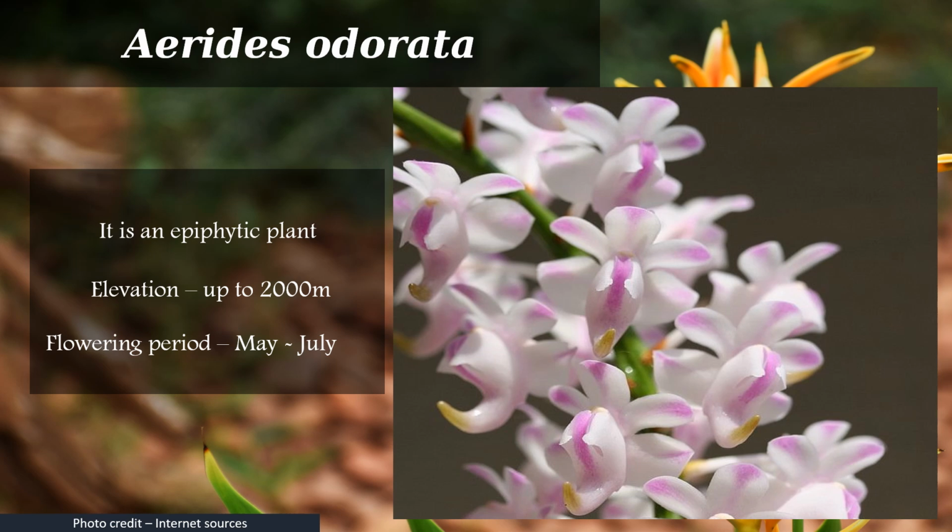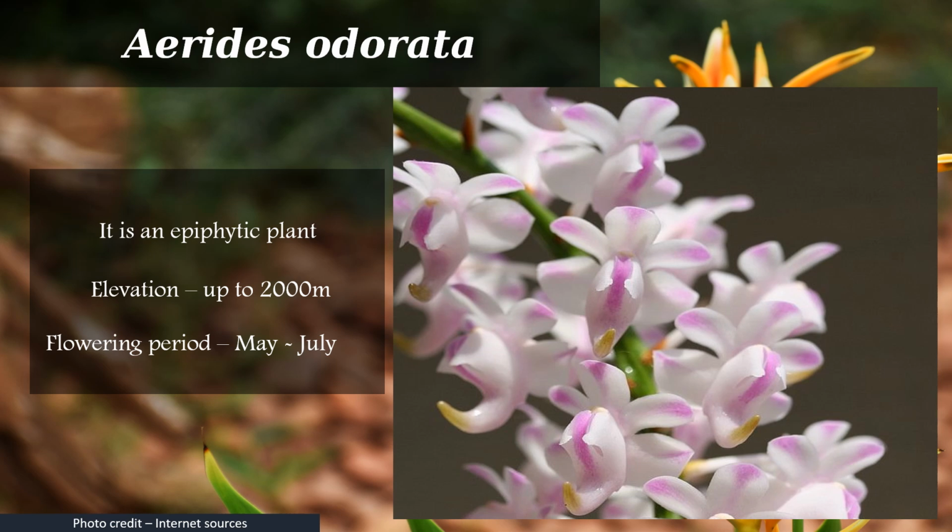One more thing is that I have personally seen Aerides odorata, and whenever we go inside the forest during its flowering period, May to July, we get to sense the aroma of Aerides odorata, how much fragrance it gives to the whole forest. So it has very much importance for the ecosystem and the ecology because of that fragrance.